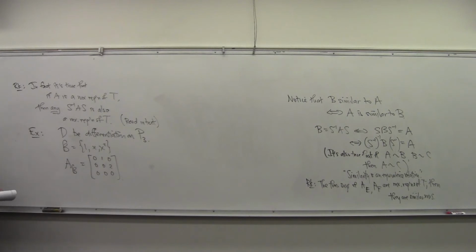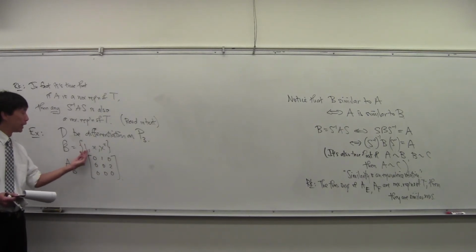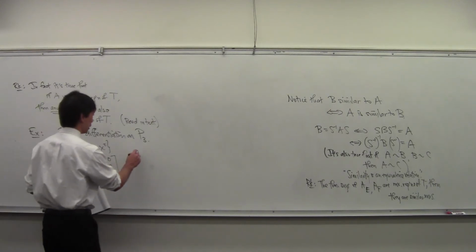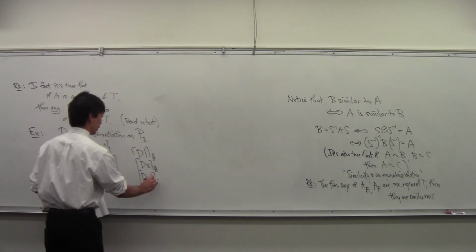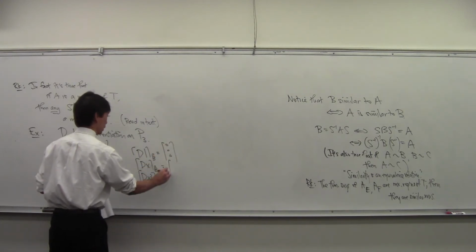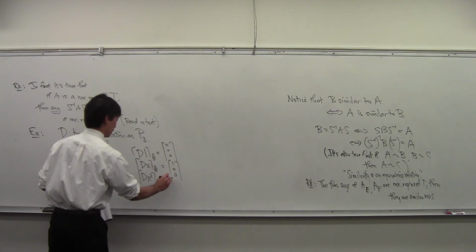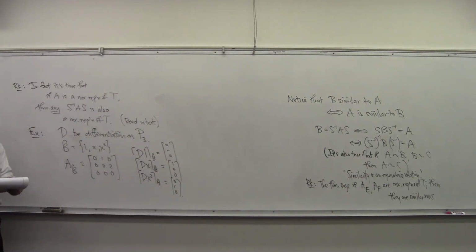You know how to get it, right? You take D of 1, D of x, and D of x squared, and you represent them with respect to the B basis, and you get the columns of your matrix.